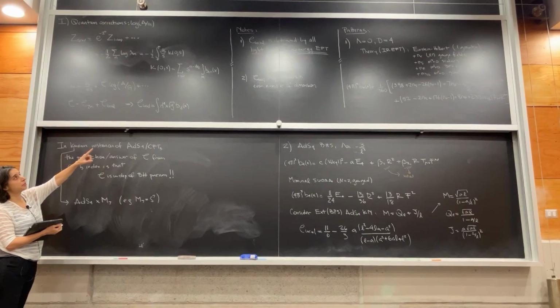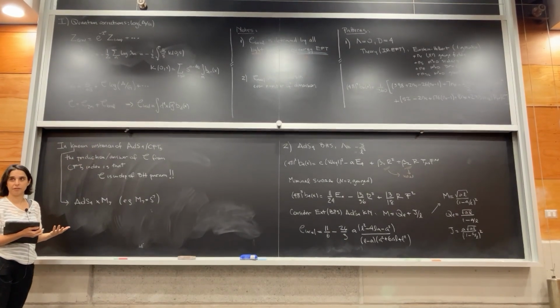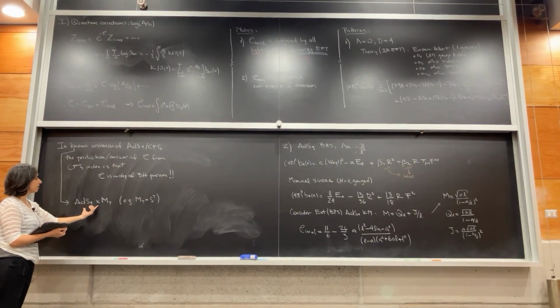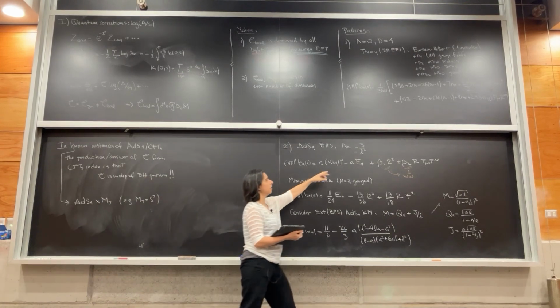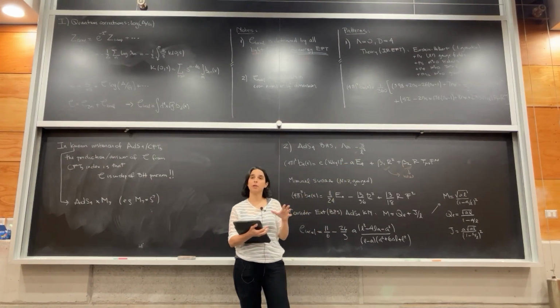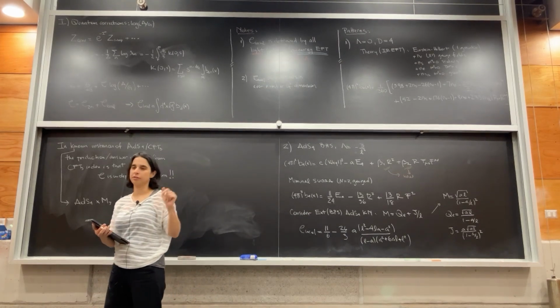When we do these computations, as I highlighted up there, you have to include all of the light fields that you have. And the scale that is determining the size of the black hole in this situation is the AdS scale. So L here is the thing that is telling me how big the black hole is, and it's going to tell me what are the light fields that I have.